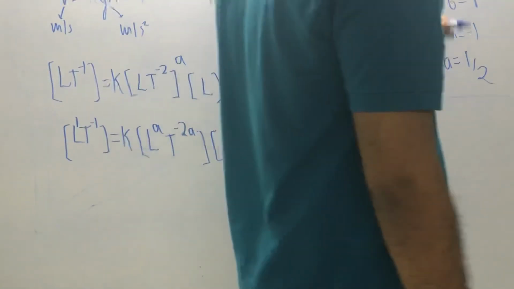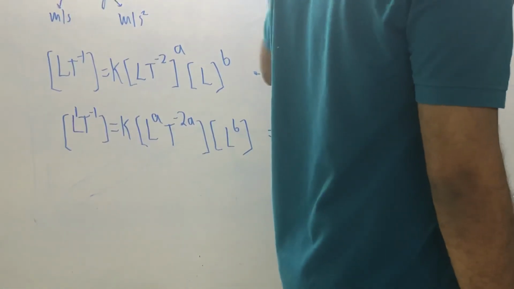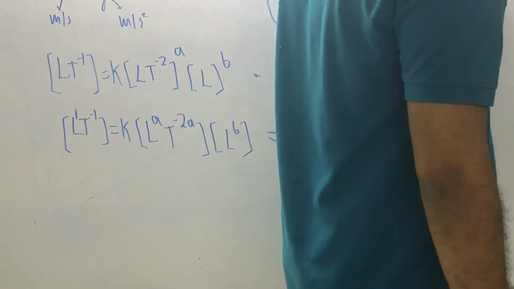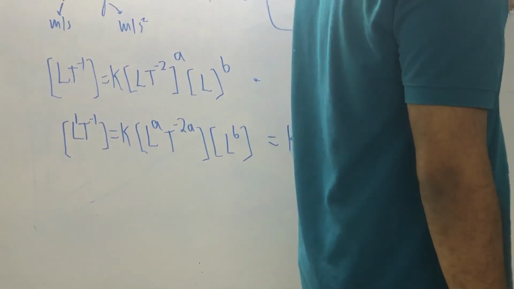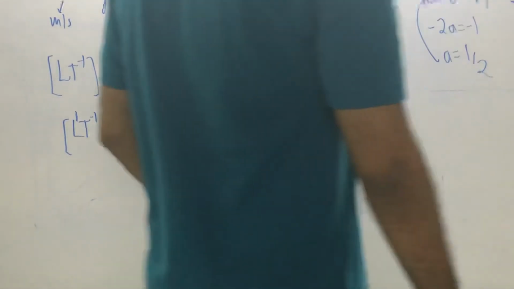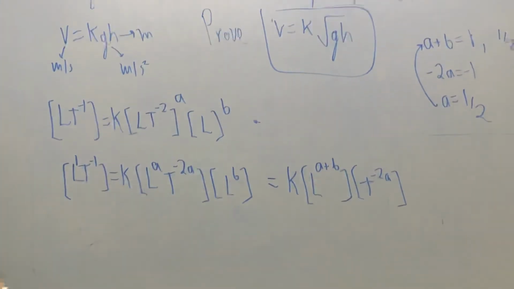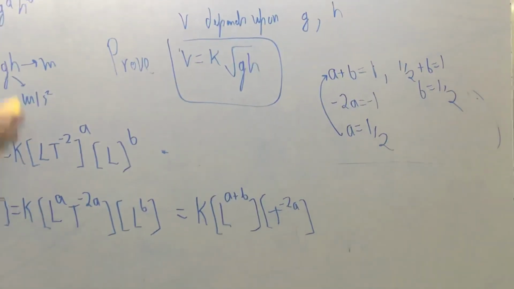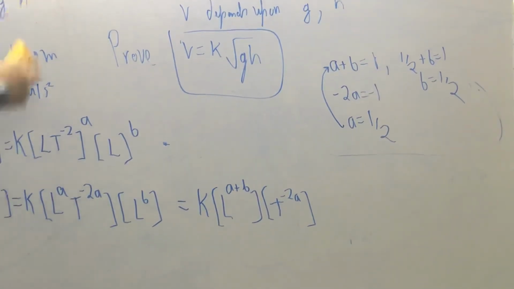Now, just put in the value of a here. So, 1 by 2 plus b is equal to 1. So, b is equal to 1 by 2. So, you get the values of a and b now. a is 1 by 2 and b is 1 by 2.